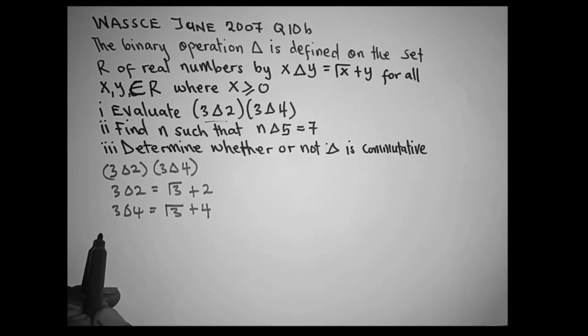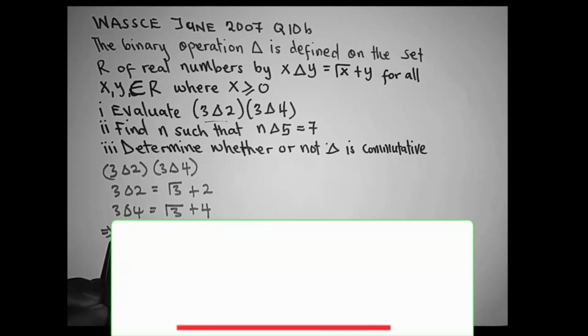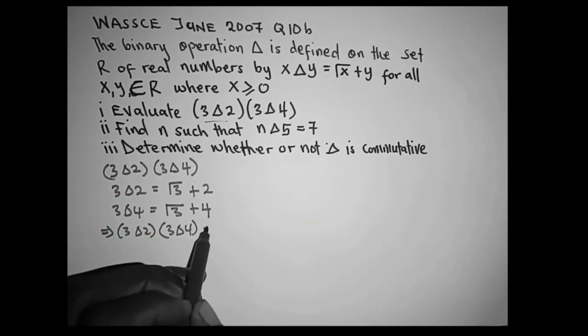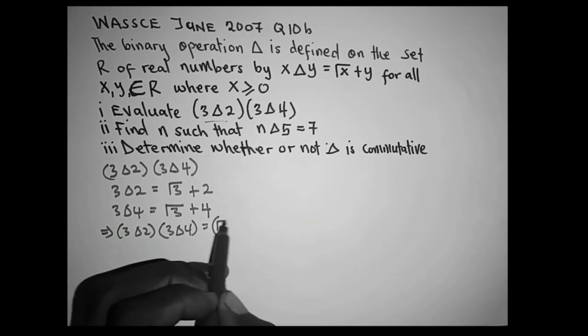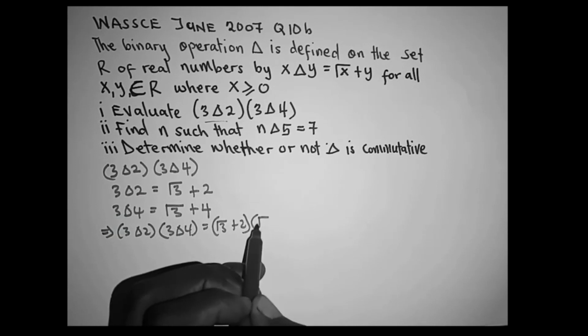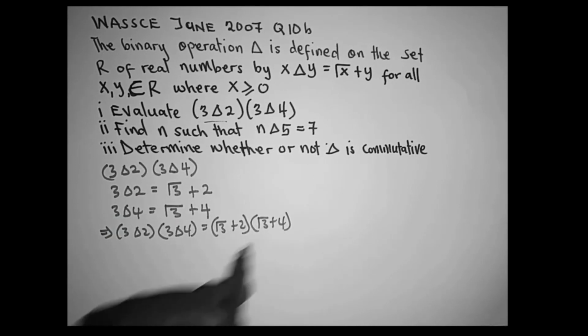So 3 operation 2 times 3 operation 4 equals, in one bracket, root 3 plus 2 times the other bracket, root 3 plus 4.